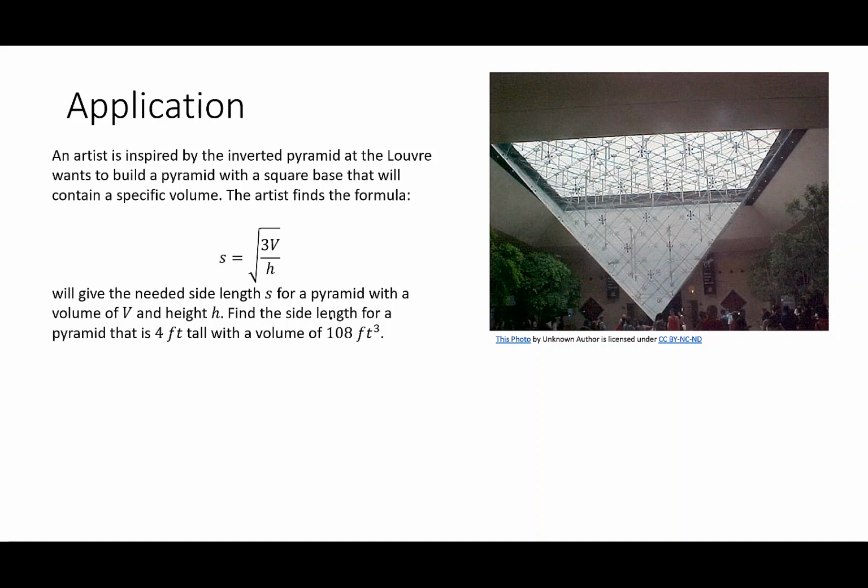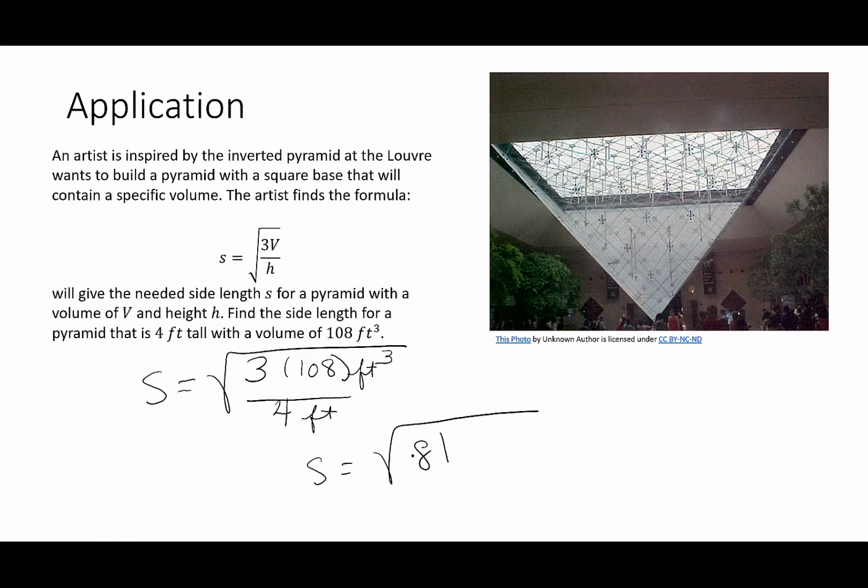So what we're looking for is we're trying to find S, so we'll say S is equal to the square root. 3 is constant, so we don't have to change that. The volume is 108, and then the height was equal to 4. Let's go ahead and put the units in just so we can see what's going to happen as we go through. So you can grab your calculator, do 3 times 108, divide by 4, and it's going to tell you that S is equal to the square root of 81.